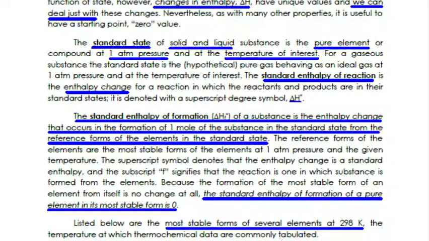Same with bromine, which has two states, liquid and gas, but liquid is the most stable form since bromine condenses to liquid form at 1 atm and 298 Kelvin.